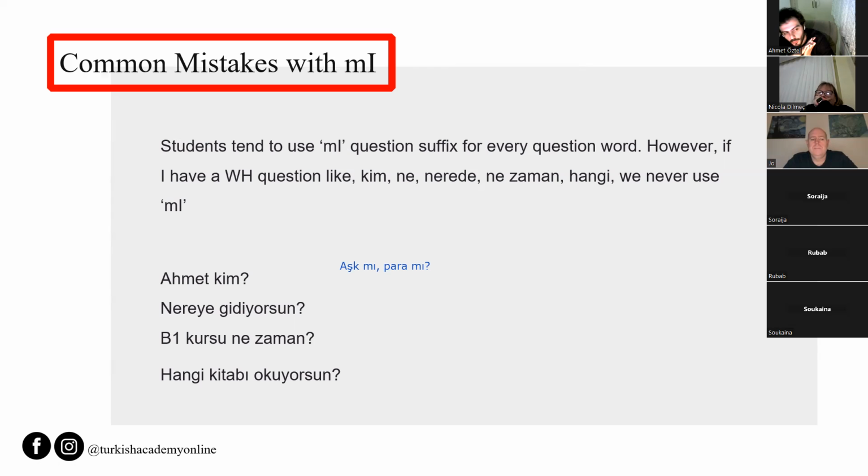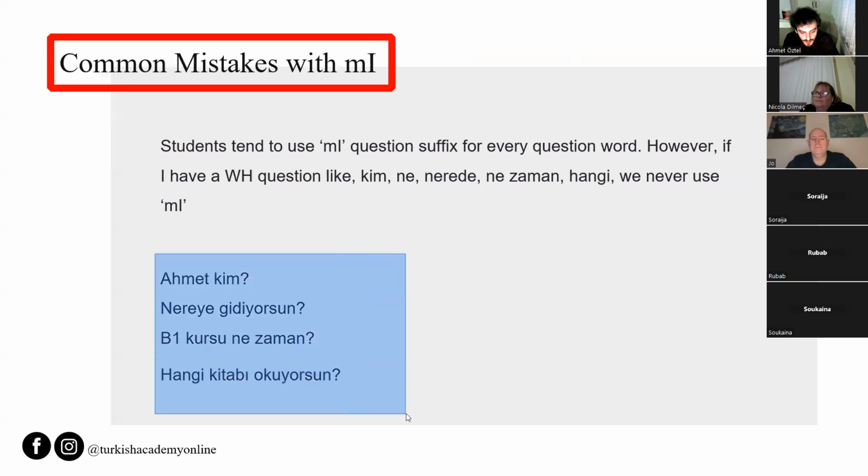What, who, where, when kind of questions. Students tend to put mu afterwards when they use those questions, but unfortunately, we should never put mu after those, because mu is a yes-no question, and all these questions that I have over here are information questions.